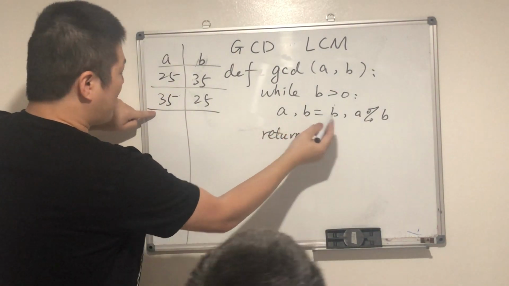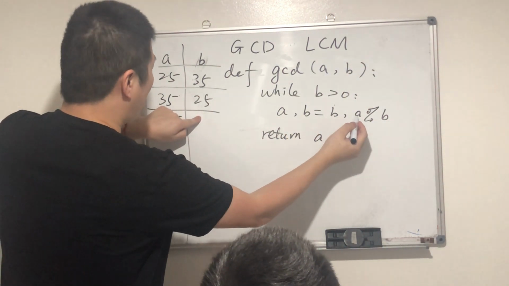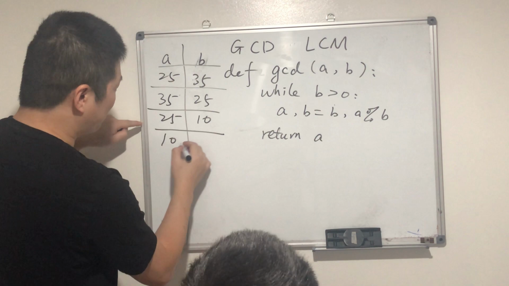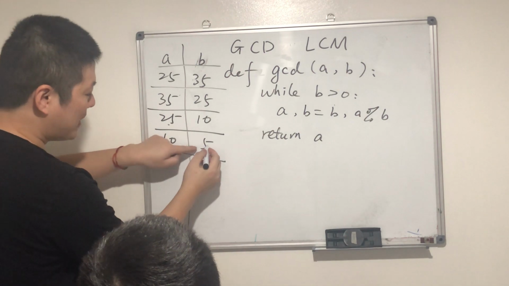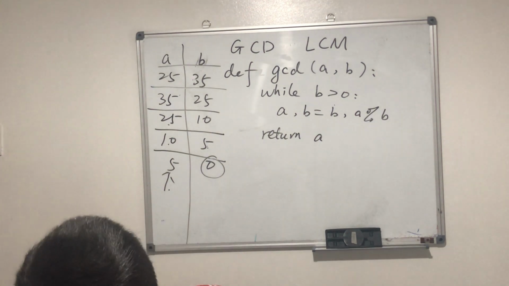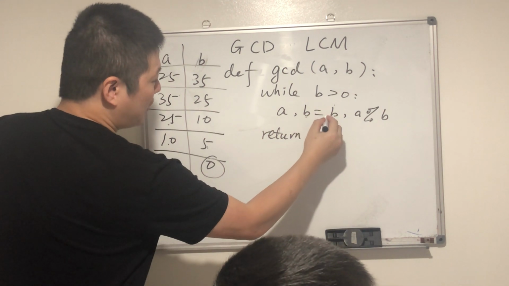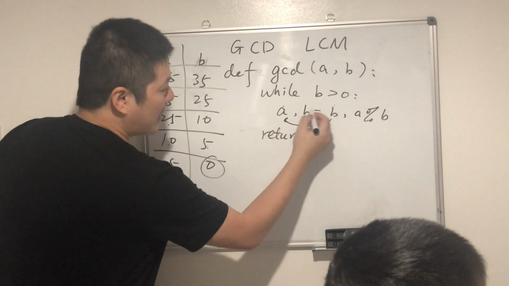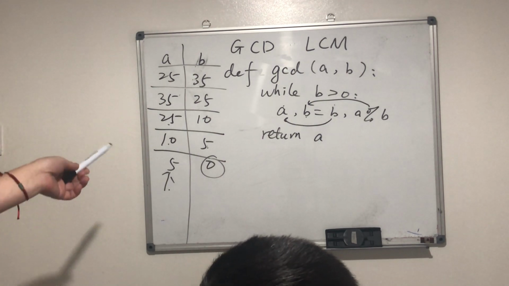A will become B, and B will become A modulus B, which is 10. Then I copy here 10, and this will be 5. And then 5 and 0. When B is 0, I return A. You see? A, B equals B, A modulus B means that A will become the value of B, and B will become the value of A modulus B. Do you get it?